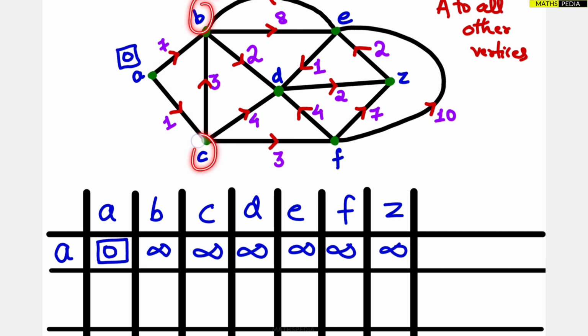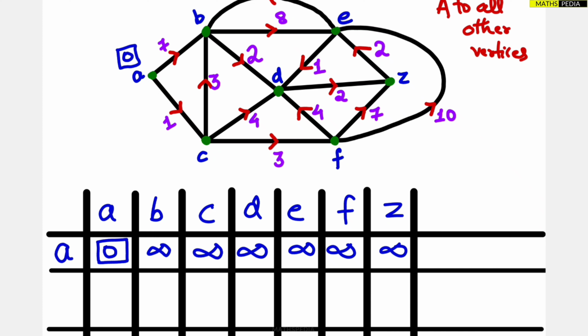B and C do not have any permanent label, and you should observe the direction, which is very important. A to B is the proper direction, and A to C is also the proper direction. If the direction is reversed, then we cannot go, so we are not going to find the value for that vertex. But here, A to B and A to C both have the correct direction.